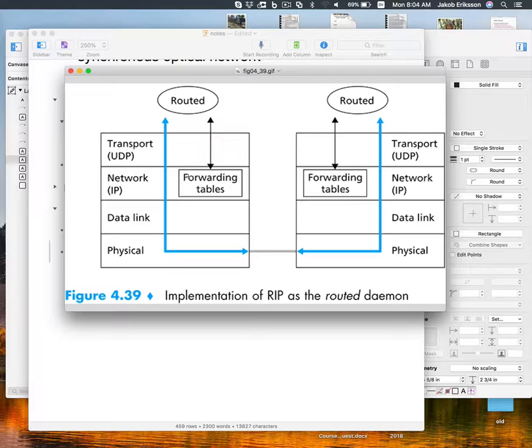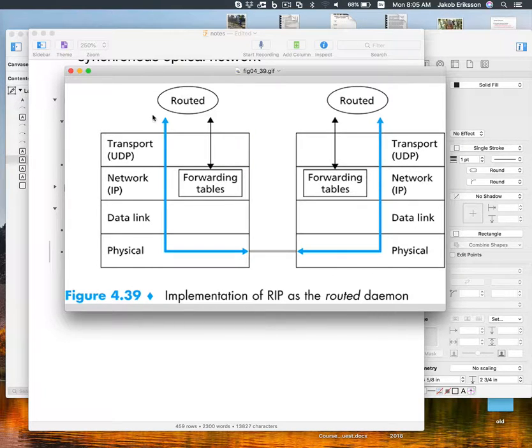On the network layer, this is primarily implemented in the kernel of the operating system, and so is the transport layer. And then we have this application layer program called routed. D stands for daemon, like so many of these little server programs on a Linux computer. So this is a normal application program.